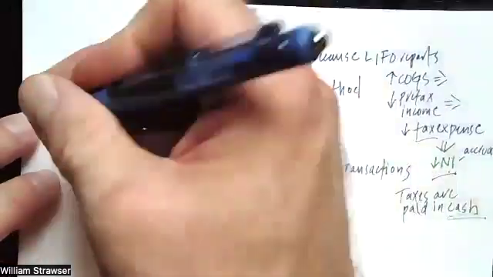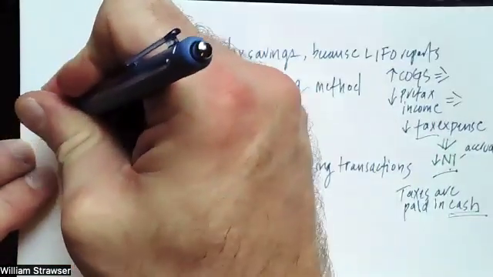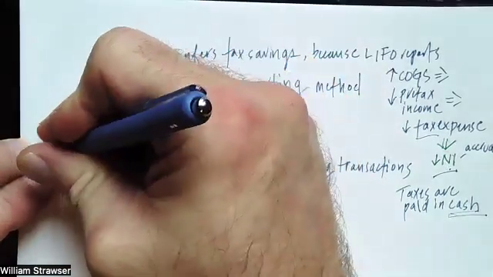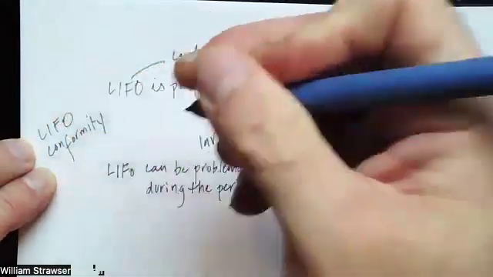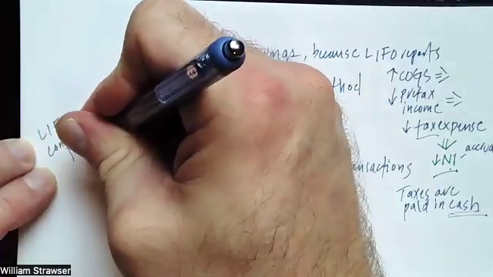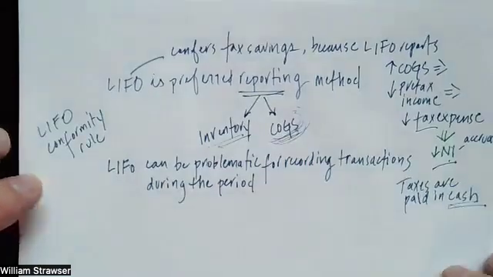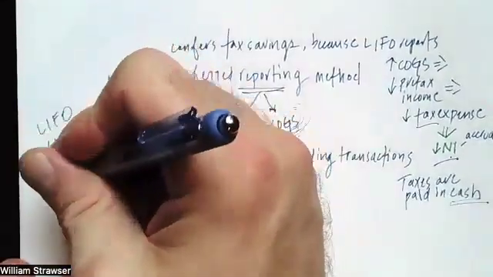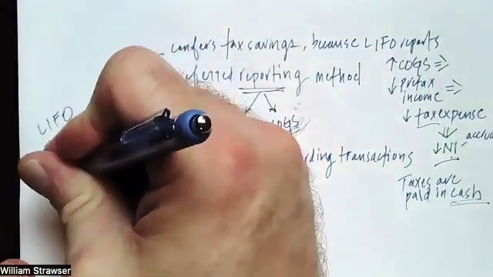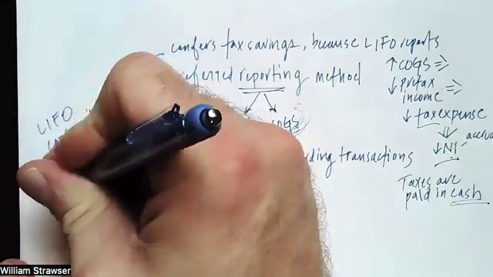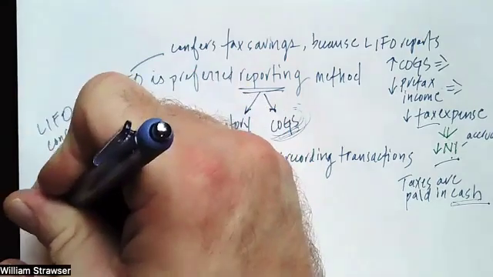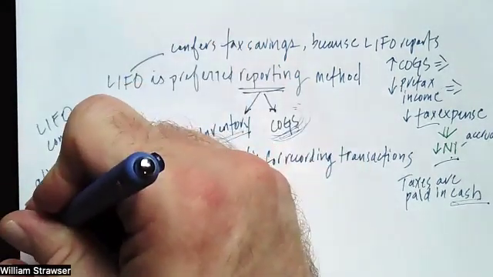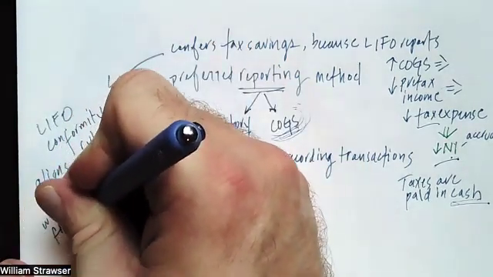If we report with LIFO on our taxes, then we have to report using LIFO on our financial statements. And that comes from the LIFO conformity rule, which aligns tax reporting with financial statements.